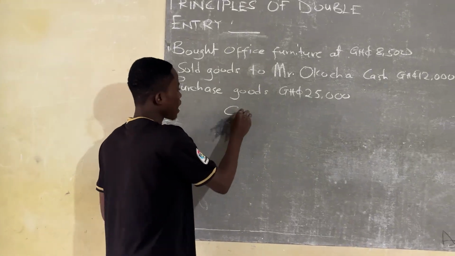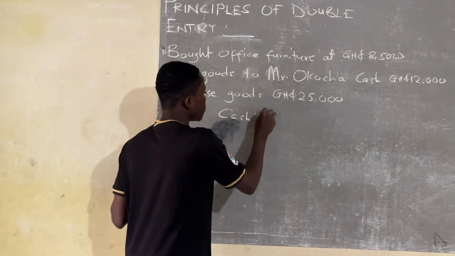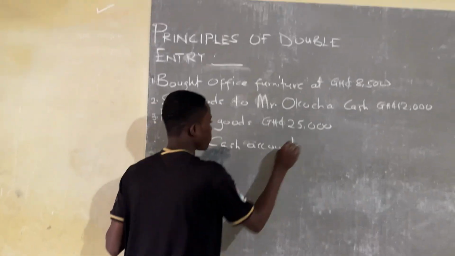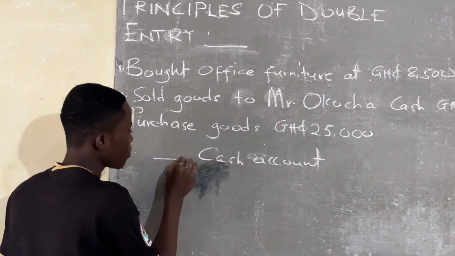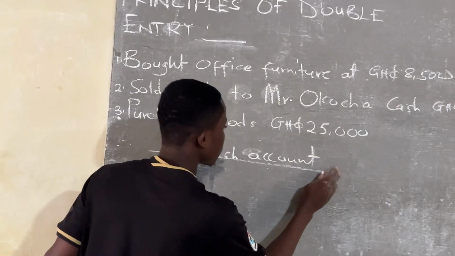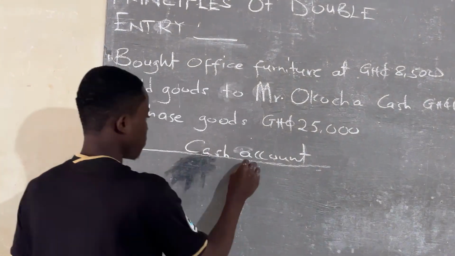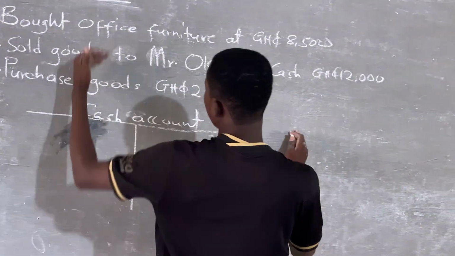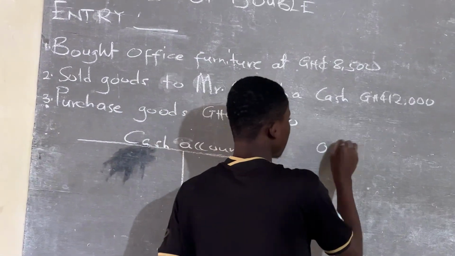So now we have our cash account. And then we have our what? Our office furniture account.